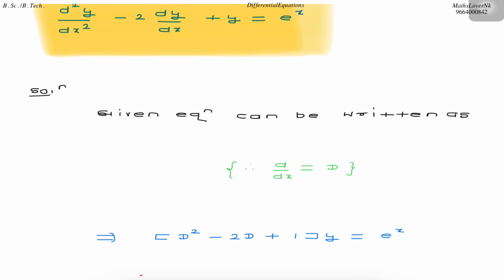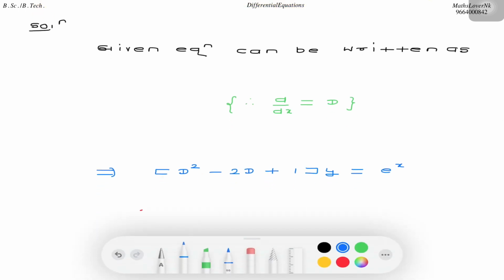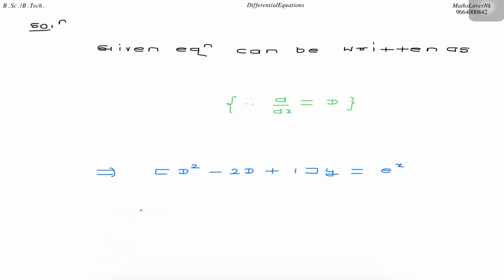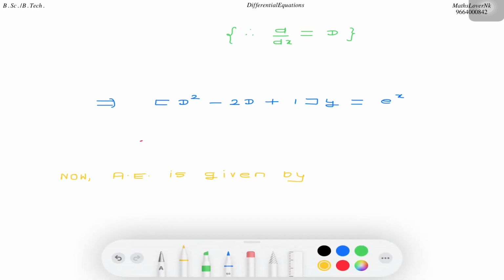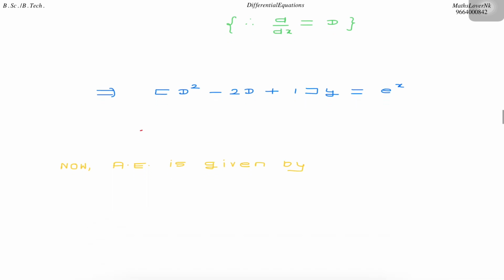Now the auxiliary equation is given by, for finding the auxiliary equation, put capital D is equal to m, then we get m square minus 2m plus 1 is equal to 0.